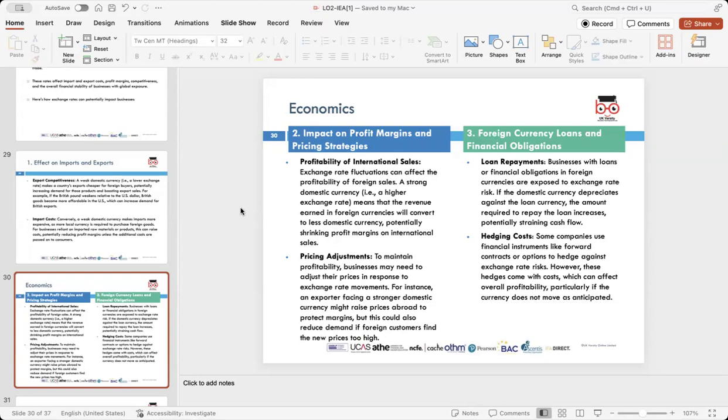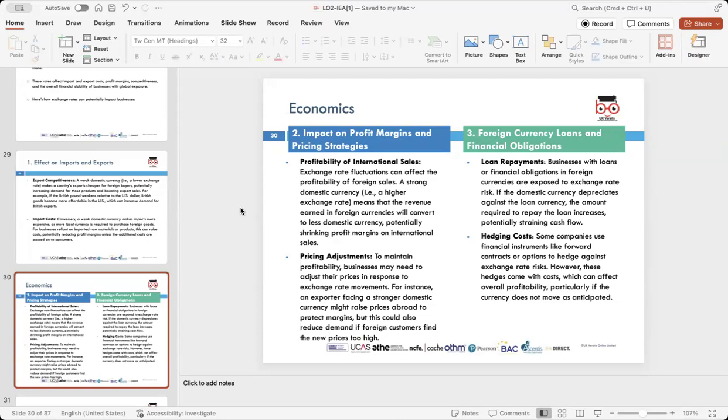Hedging costs. To protect against these risks, some businesses use hedging strategies such as forward contracts and options to lock in exchange rates and minimize losses.